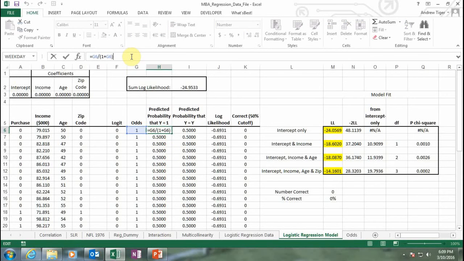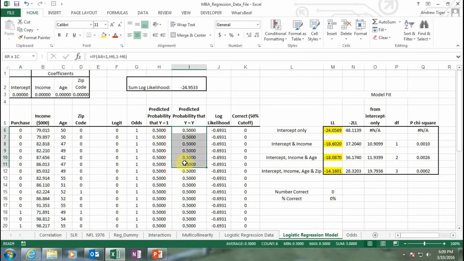So remember, when you go from odds to probability, you take the odds divided by 1 plus the odds, and that gives you a probability that they did purchase. But I don't want that if they didn't purchase. So I want to know what would be the probability that they didn't purchase. That's what you get here. This is a probability that the model is determining whether they purchased or didn't. So column I is what we wind up doing.